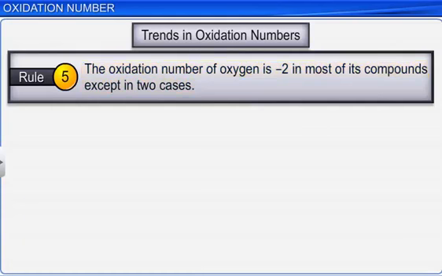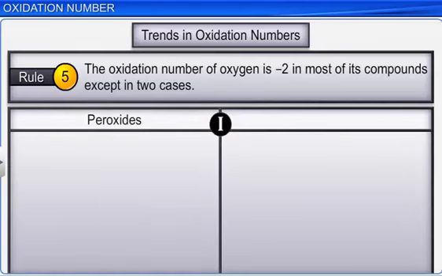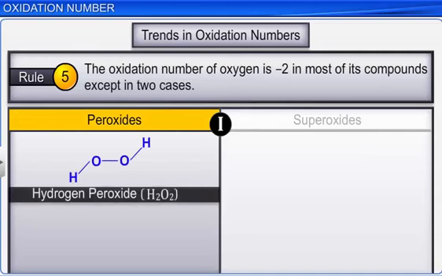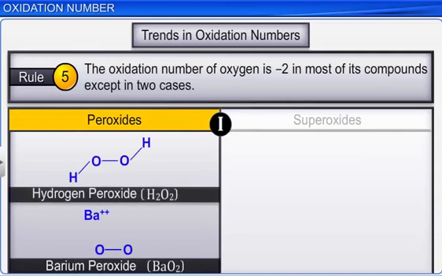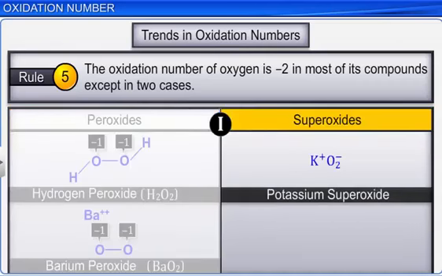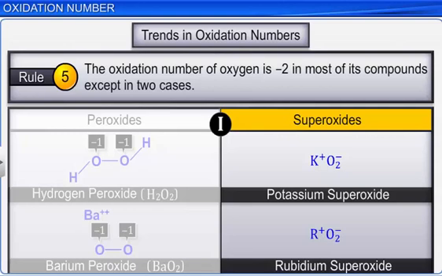The first is the case of peroxides and superoxides. In peroxides like hydrogen peroxide and barium peroxide, each oxygen atom is assigned an oxidation number of -1. And in superoxides like potassium superoxide and rubidium superoxide, each oxygen atom is assigned an oxidation number of -0.5.